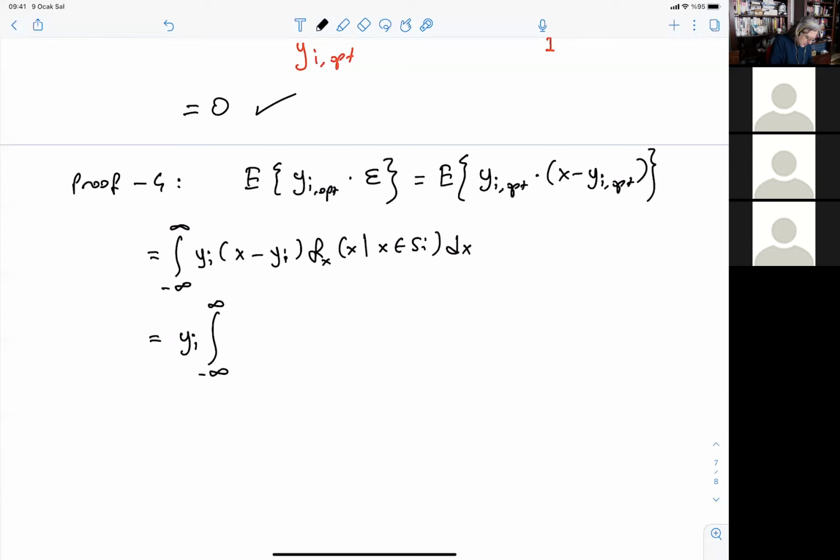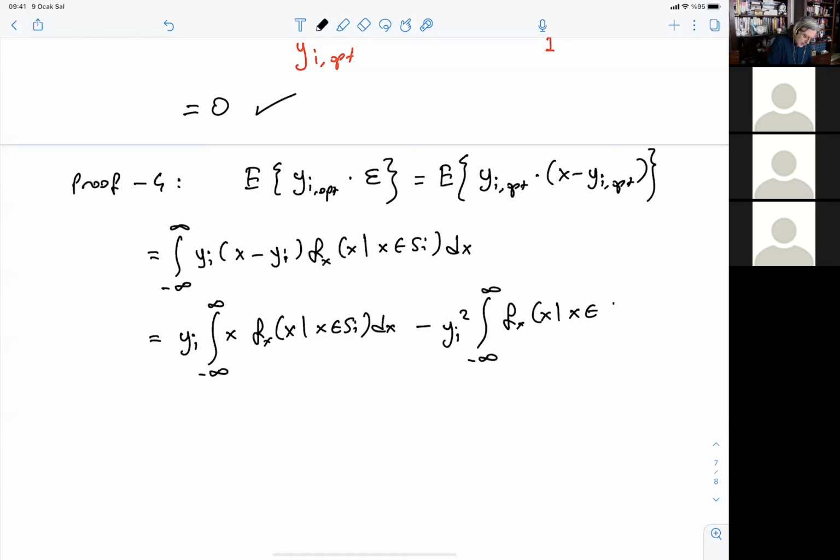But inside the integral, I have x times fx of x conditioned that it's inside Si dx for the first part, minus yi times yi, which is yi squared, out of the integral again because it has nothing related to x, times the integral of fx of x conditioned that it's inside Si. So in general, this integral can be split into this form.